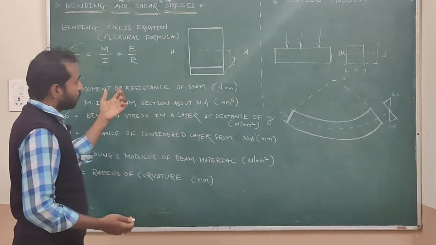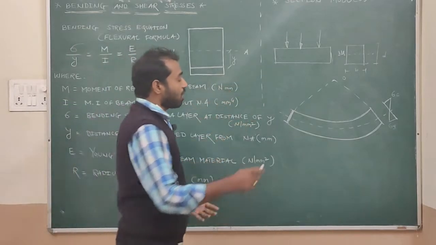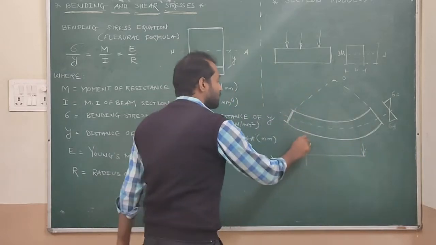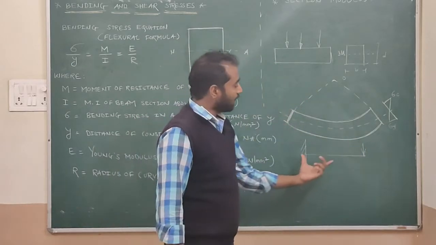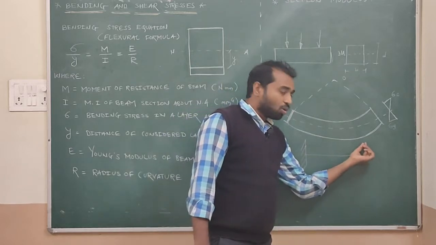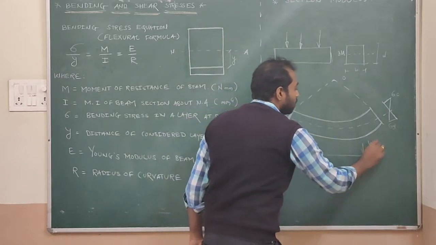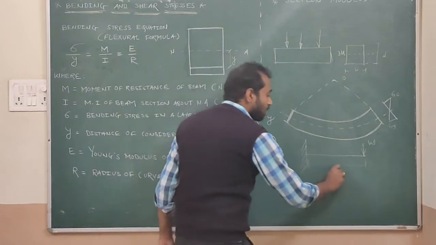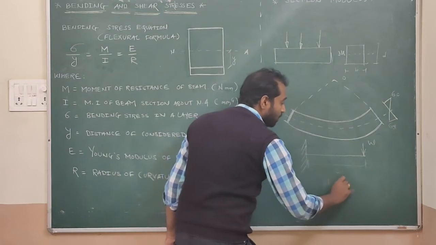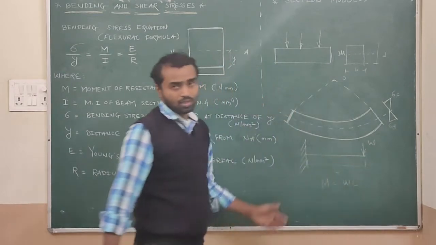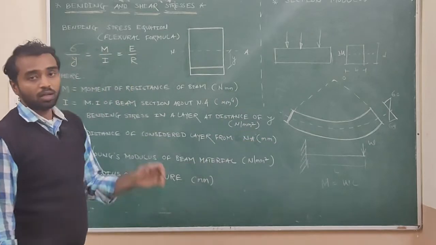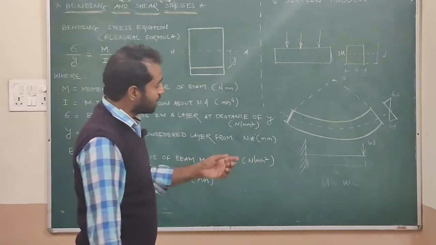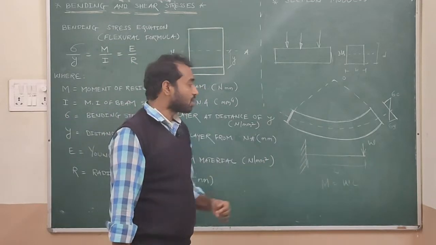So whatever the moment produced, if I consider a cantilever beam and at the end of this cantilever beam a load is applied, whose value we can consider as W, and the length of our whole span is L, then the moment will be W into L. Likewise, depending upon the type of loading, it may be a UDL or a UVL, accordingly you have to consider the value of moment.